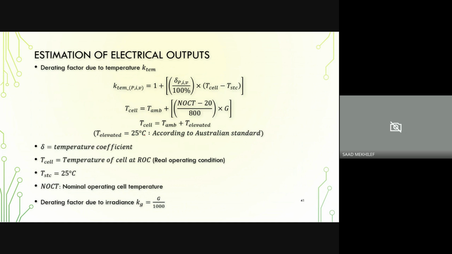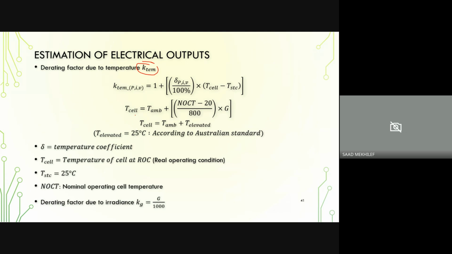This is what you call the derating factors, which actually takes me to the design for the inverter sizing and so on. So what are the derating factors due to temperature? As we said before, the cell's temperature is much higher than the ambient temperature.